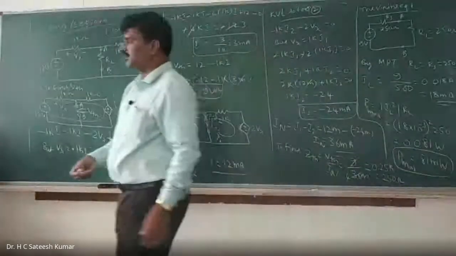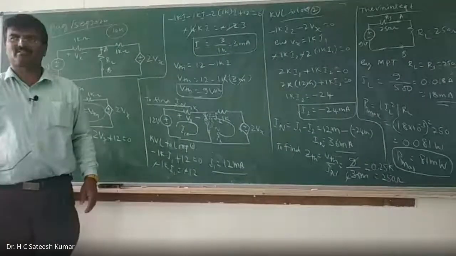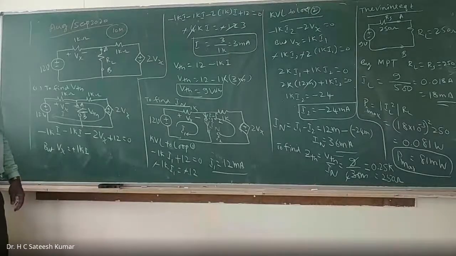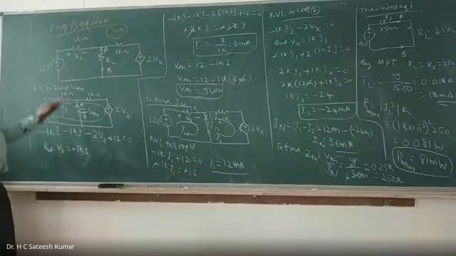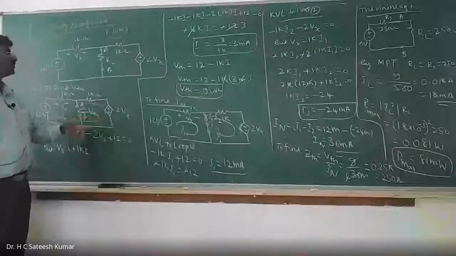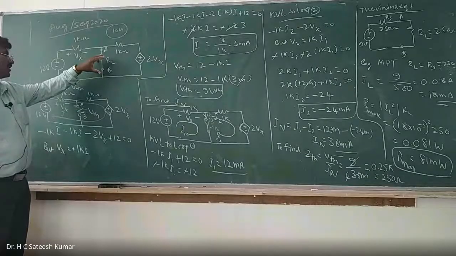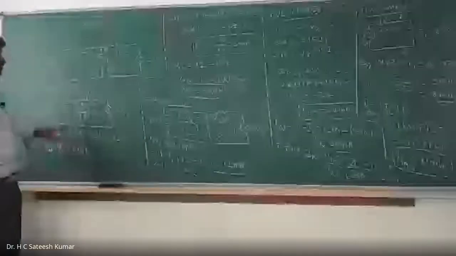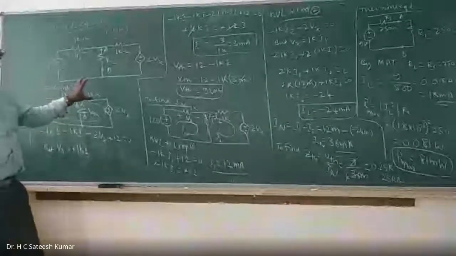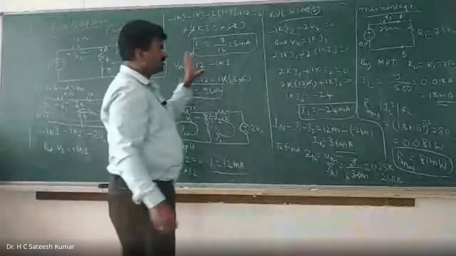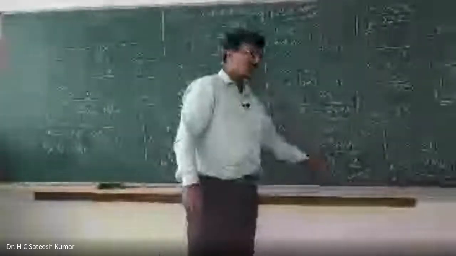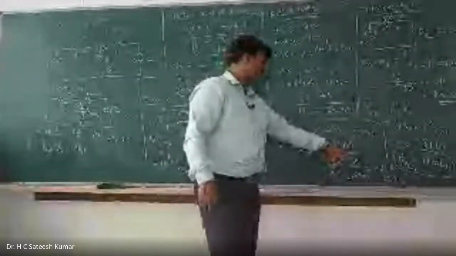See this. In this problem, they asked to find the maximum power transfer through the load using the maximum power transfer theorem. To find that, we have to find the Thevenin's equivalent, and since he has asked for power also, Thevenin's voltage is also required. So first we did VTH, then we did I Norton, and since a dependent source is there, VTH divided by I Norton we need to calculate, and we got ZTH.